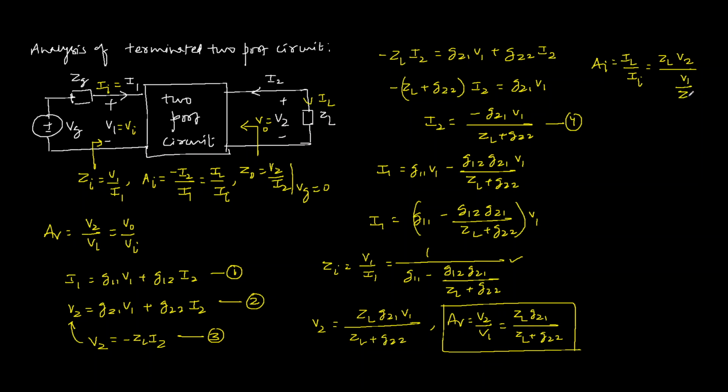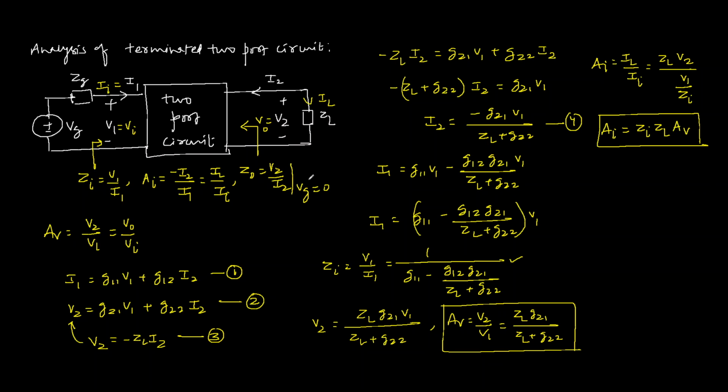So AI is Zi over ZL into V2 over V1, and V2 over V1 is AV. So by substituting AV here, we can find the expression for current gain.